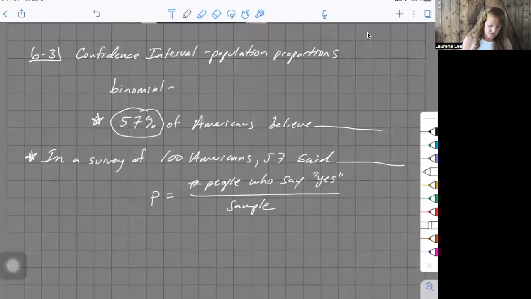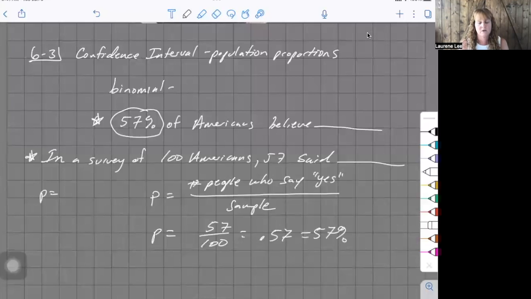So in this situation, I calculate P by going 57 over 100. And then divide that out and you get 0.57 or 57%, which is how that goes. Now, a little bit of difference in notation. Typically in this book, when we look at P, we're going to be talking about the population proportion.